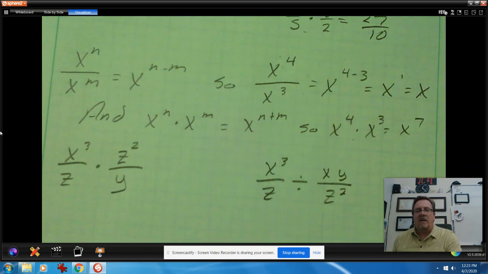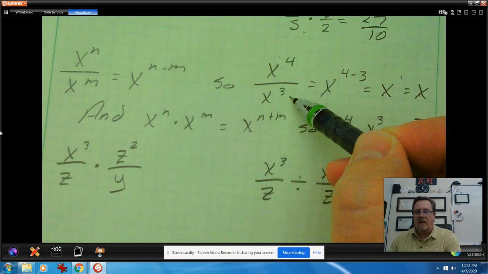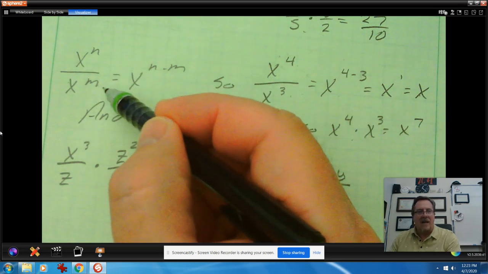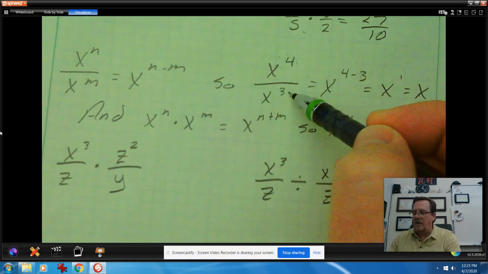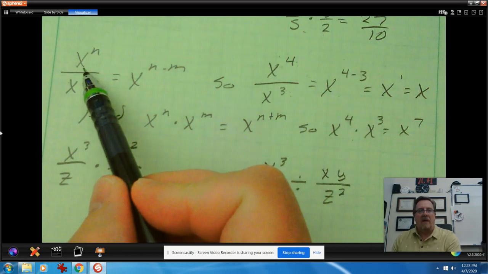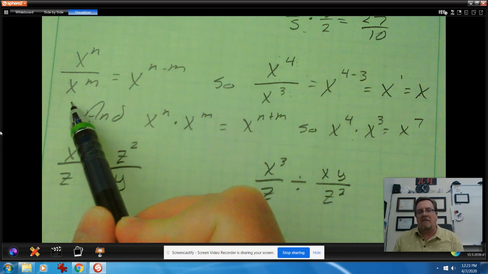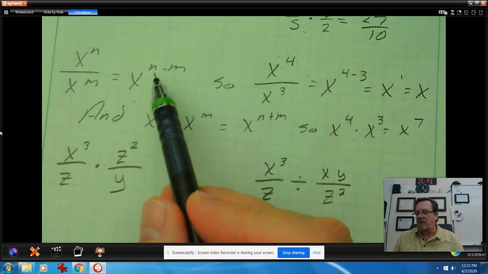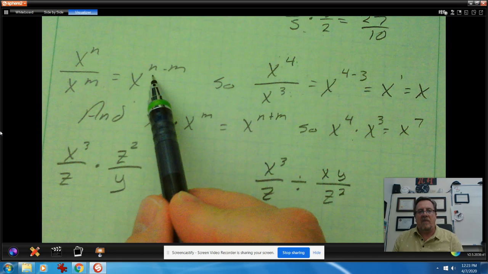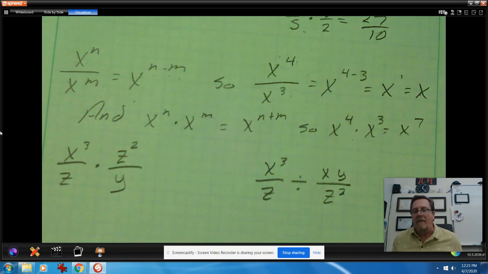4 minus 3, because you're going to take 4 minus 3. You're taking n minus m. You're taking 4 minus 3. When you have a number raised to a power on the top and that same number raised to a different power on the bottom, it is just that number to the first exponent minus the second exponent, or the exponent of the numerator minus the exponent of the denominator.